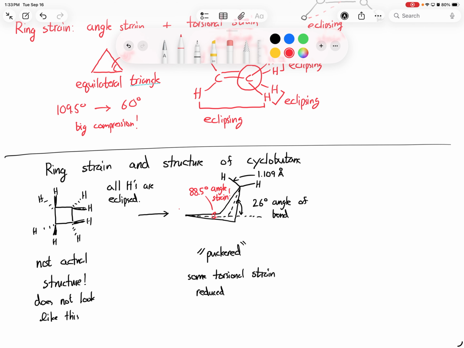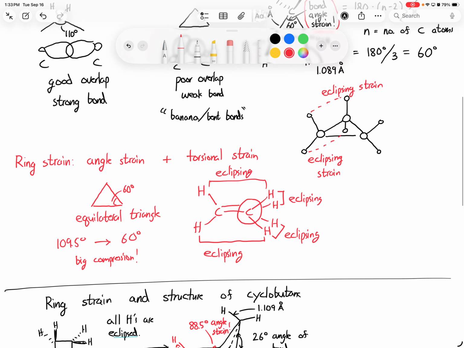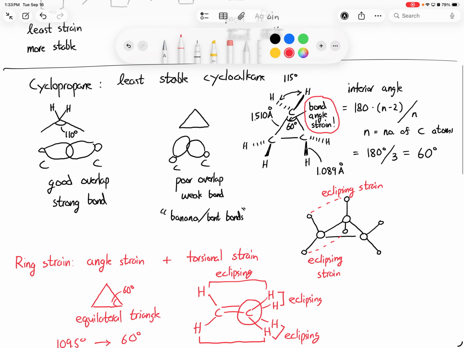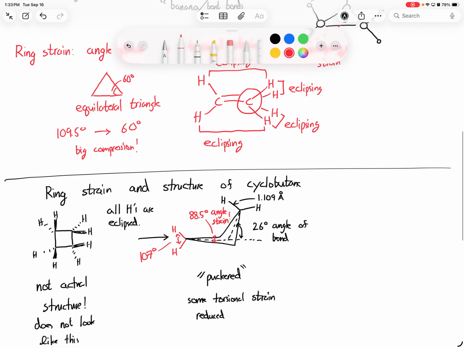These hydrogens here. So this angle is still 107 degrees. So that's still around the same as for cyclopropane right there. Well, actually, no, it's even more compressed now because we bent it out of the plane. So that's why the bond angle there is more compressed.